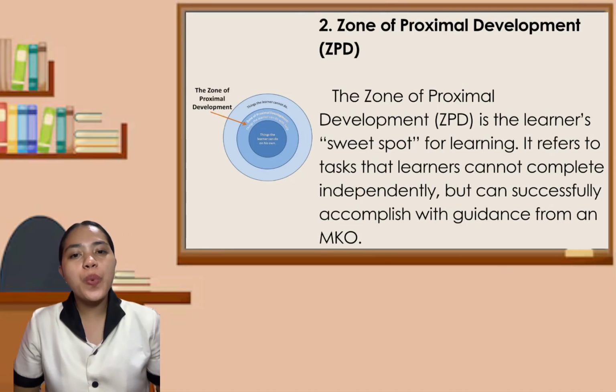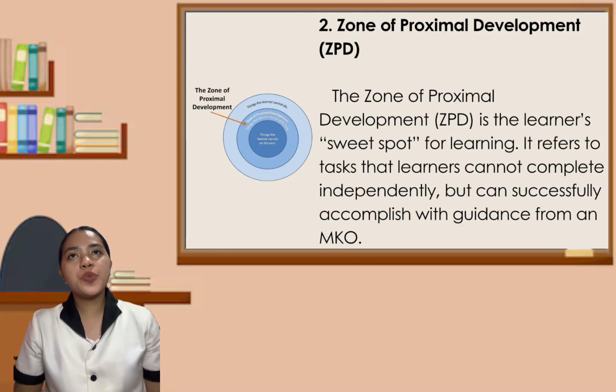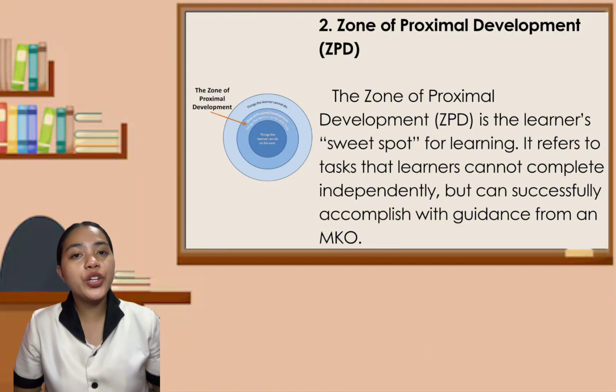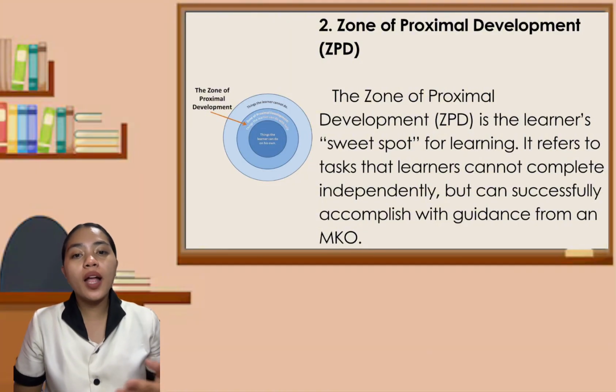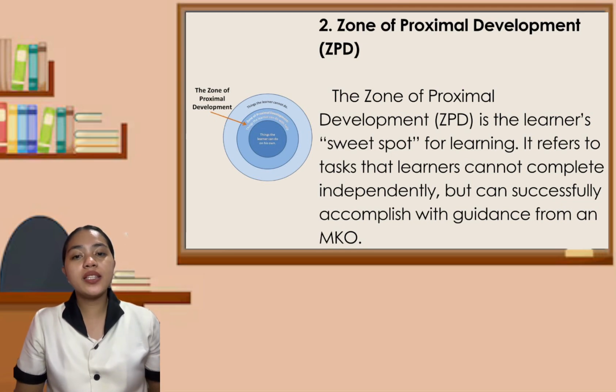So the zone of proximal development is the space between what a learner can do alone and what a learner can do with help. In this zone, learners cannot complete a task by themselves yet, but they can succeed with support by a more knowledgeable other.